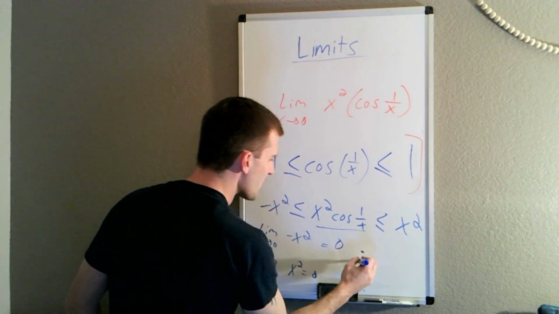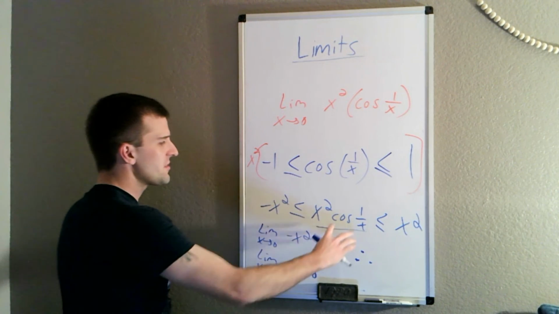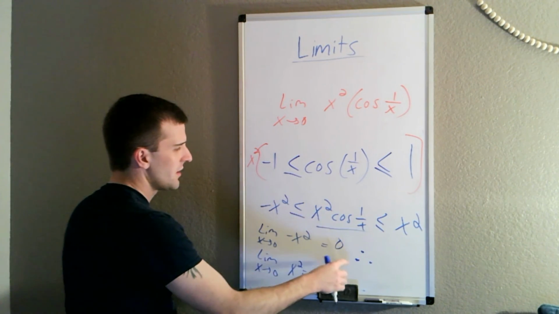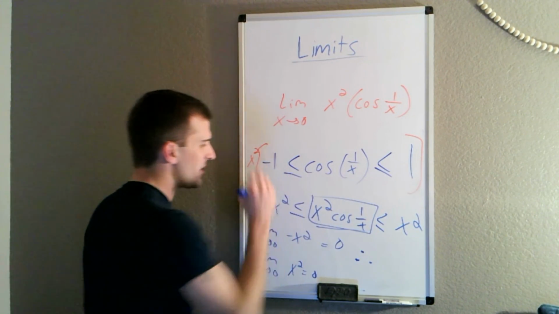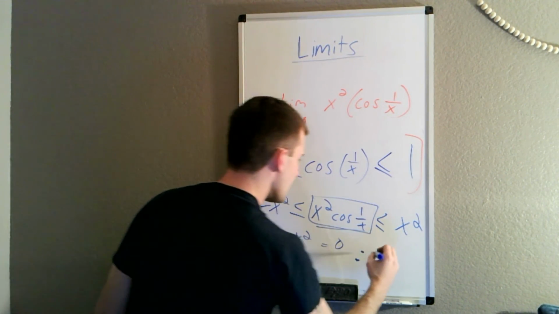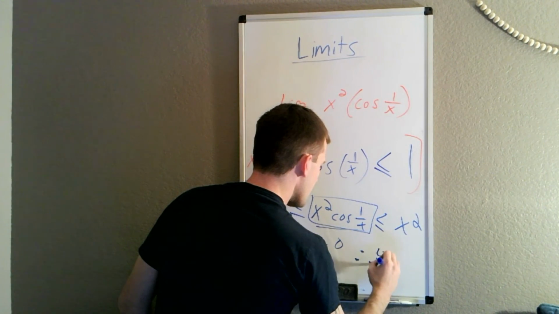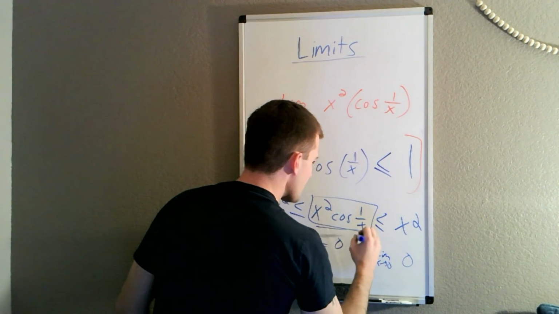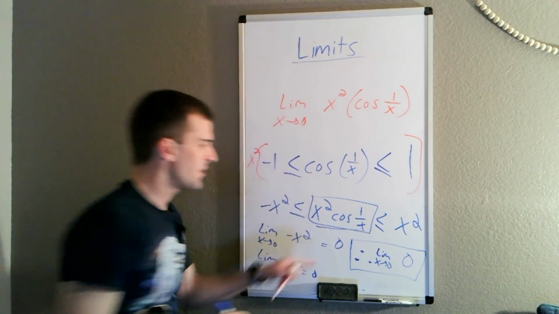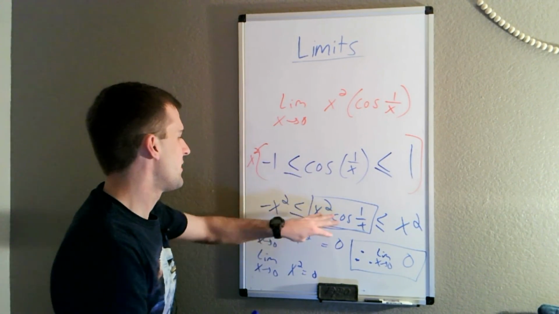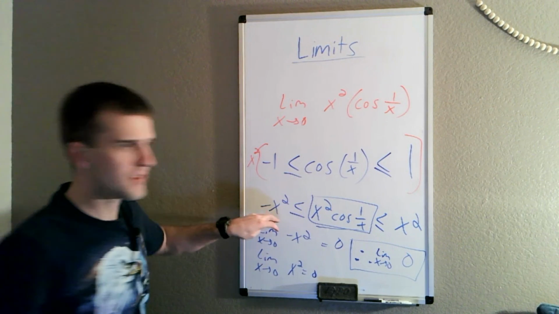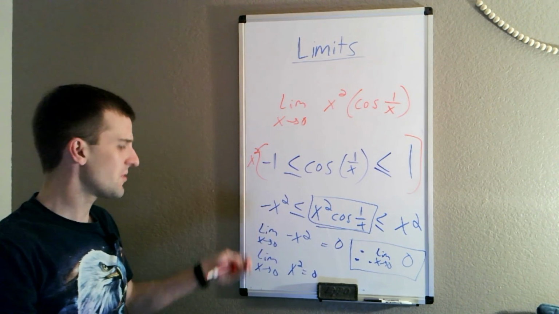So therefore, because this is in between these two functions, the limit as x approaches 0 of this previously difficult problem is also 0. And that's the Squeeze Theorem. We're squeezing our function of interest in between two different values that we can evaluate, or two different functions.